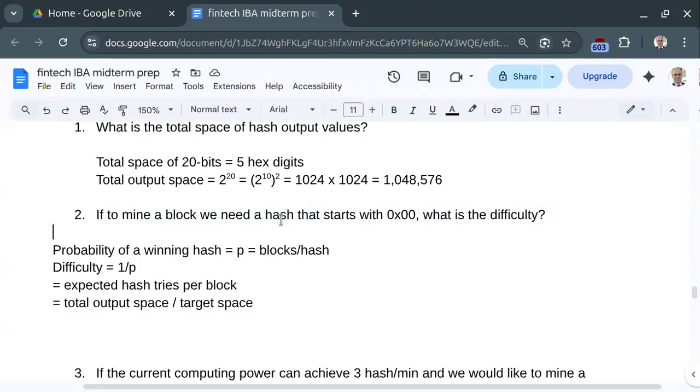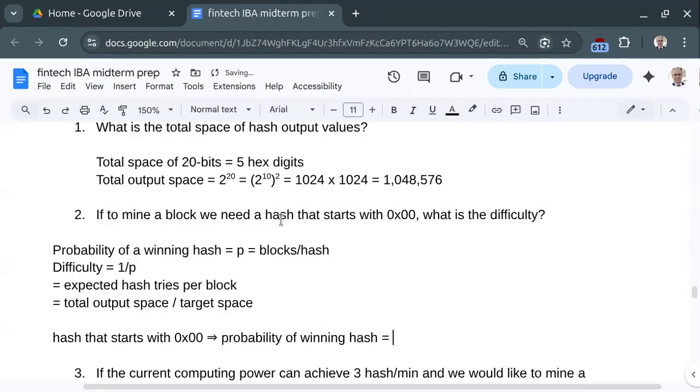For a hash to start with two zero hexadecimals, the probability of a winning hash is what?